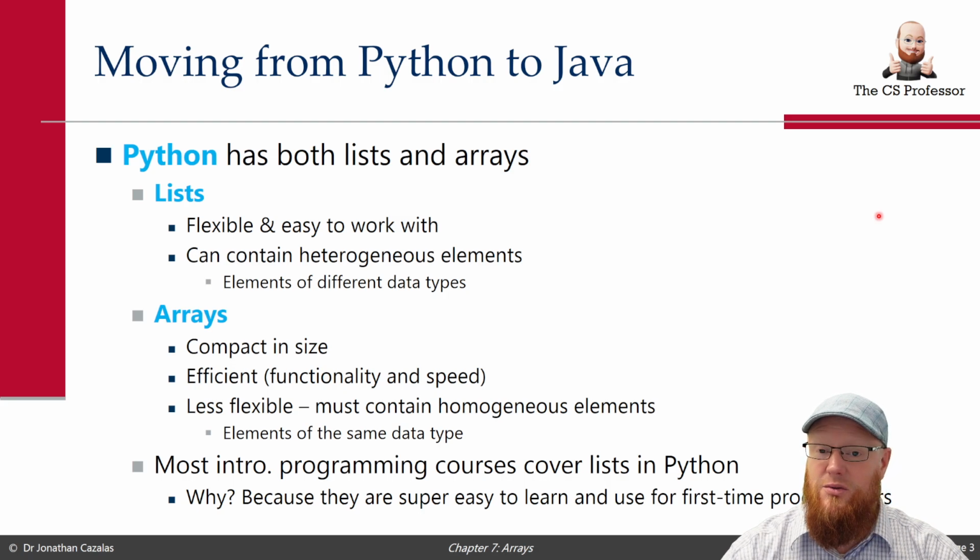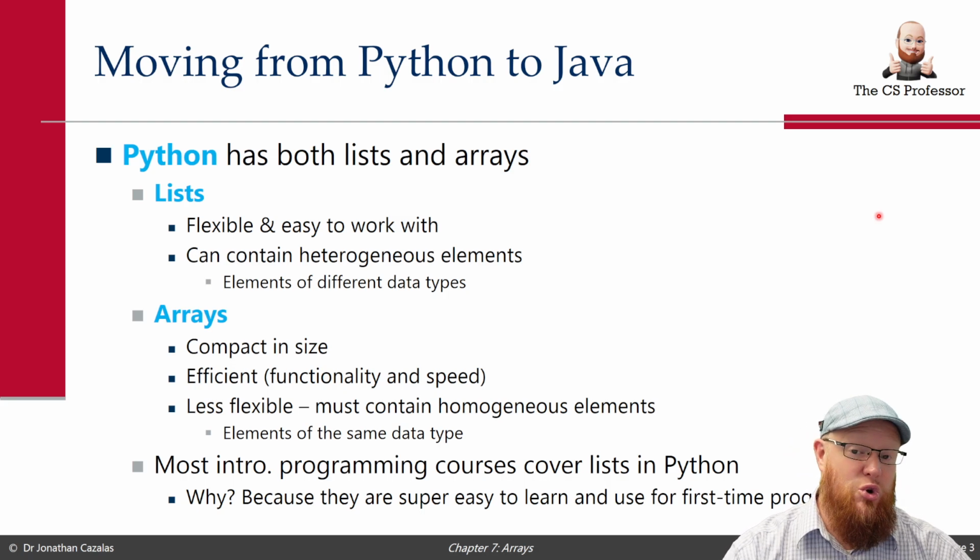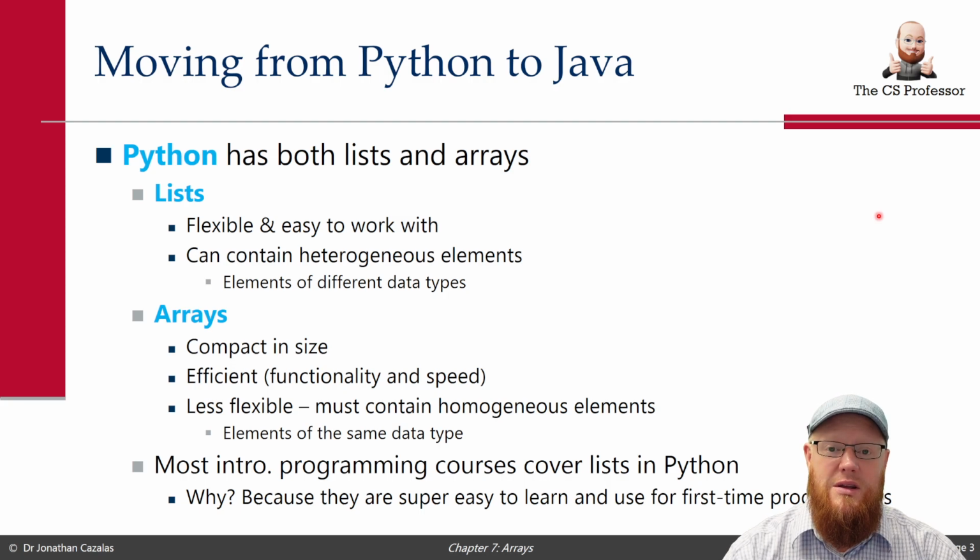Lists, what's the value? They're flexible, they're easy to work with, they can contain heterogeneous elements, which are elements of different types. You can have a list that contains integers, strings, doubles, tuples, if you know what those are. Your list can contain a variety of different types of elements.